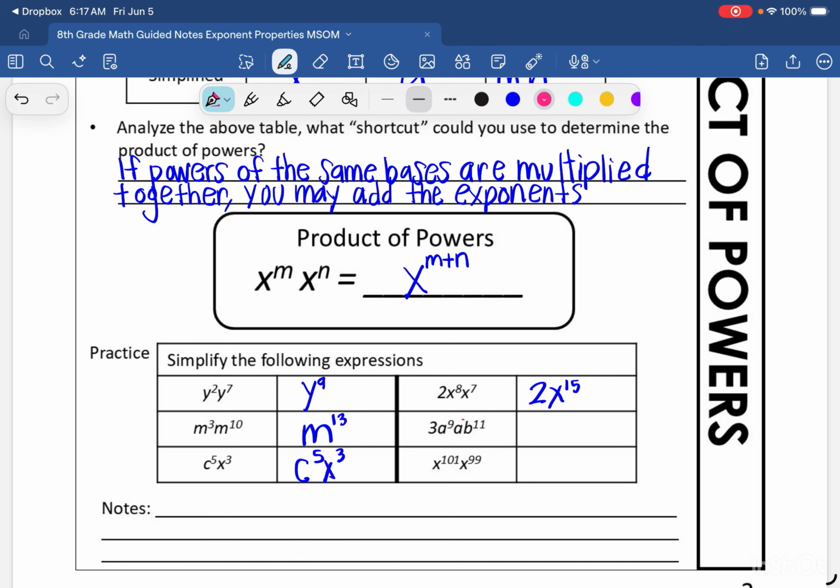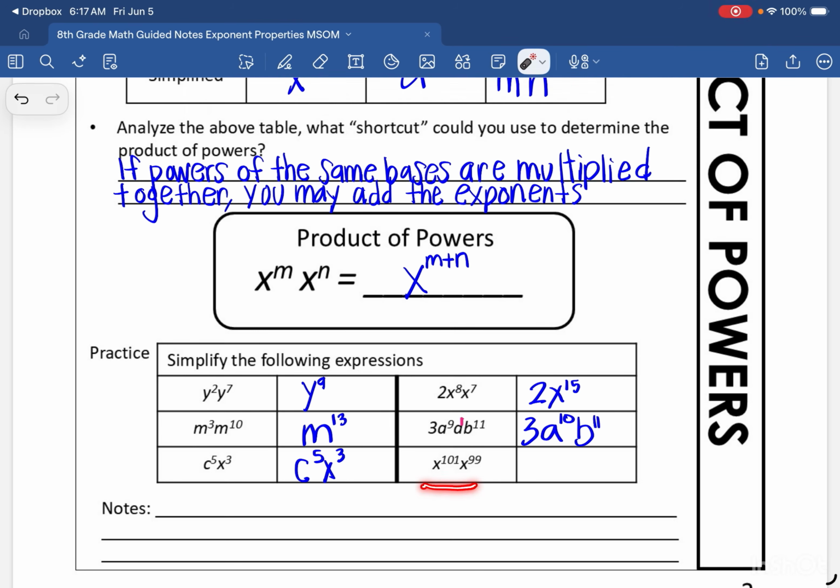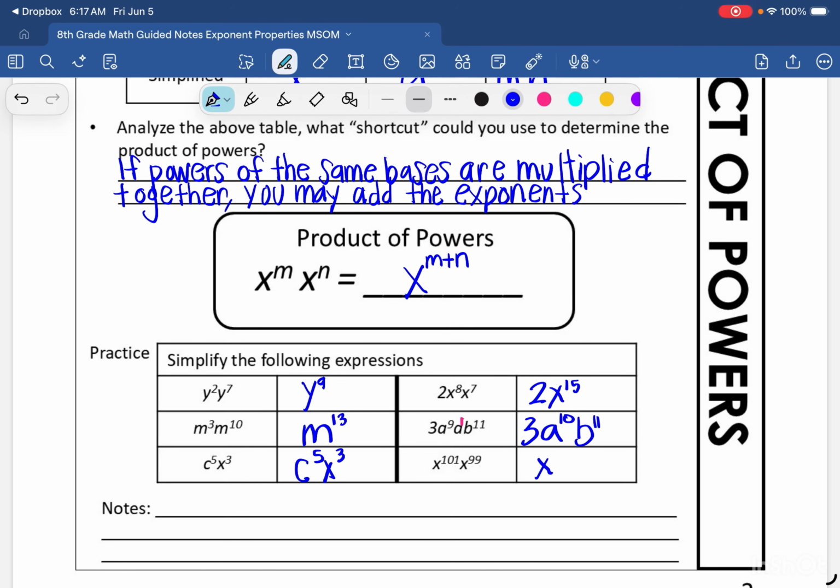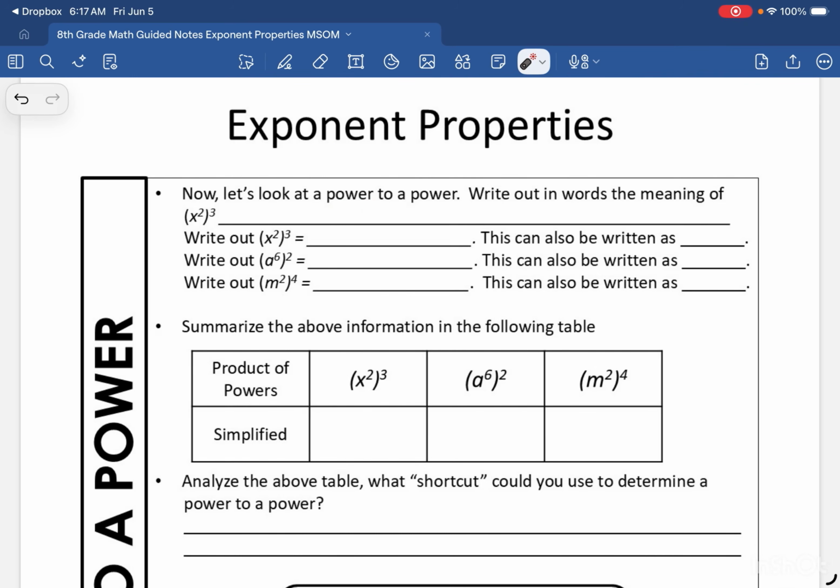Remember that power there on the a is a 1, so it would be 3 times a to the 9 plus 1, which would be 10, times b to the 11th. X to the 101st times x to the 99th would be x to the 101 plus 99, which would be x to the 200.